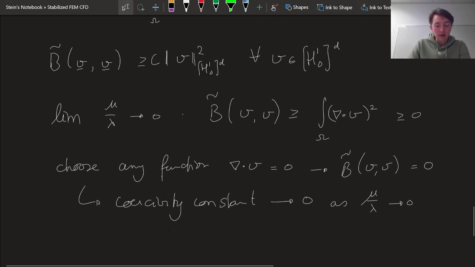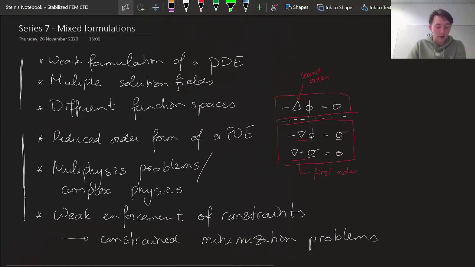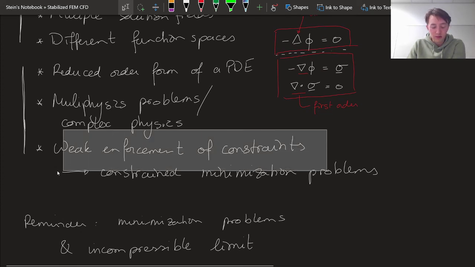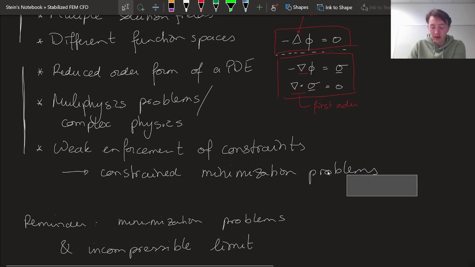And that gets us back to our original list of motivation for mixed formulations, and that is that we get a certain constraint, namely the incompressibility constraint, that we want to enforce in a minimization problem.